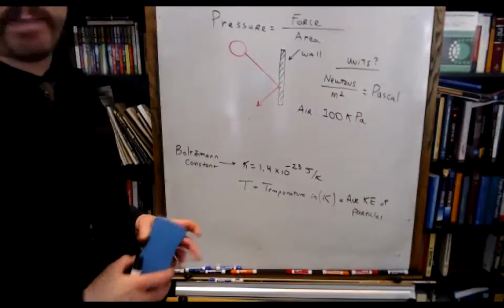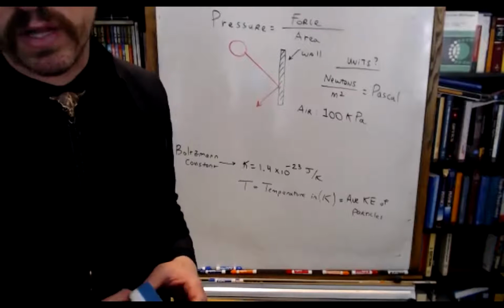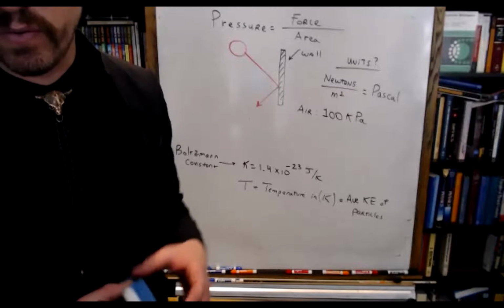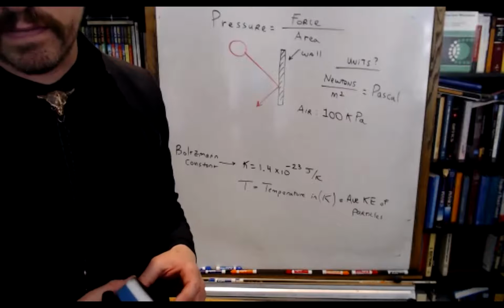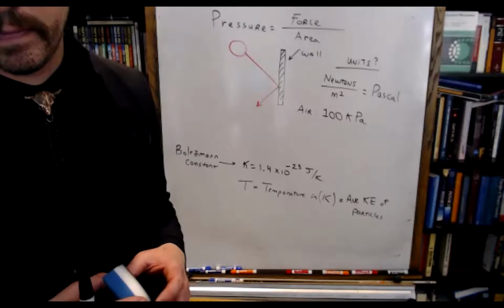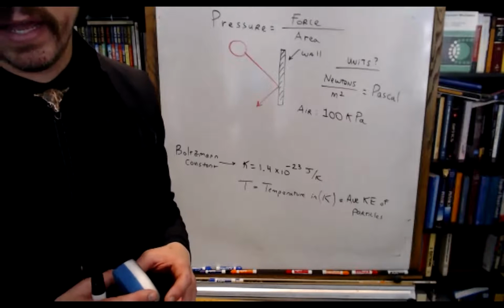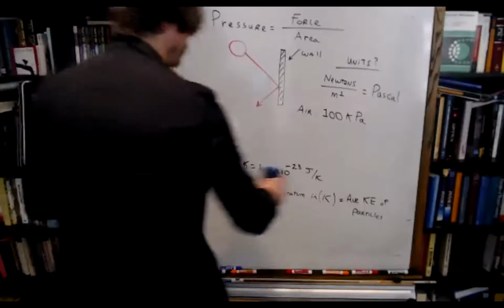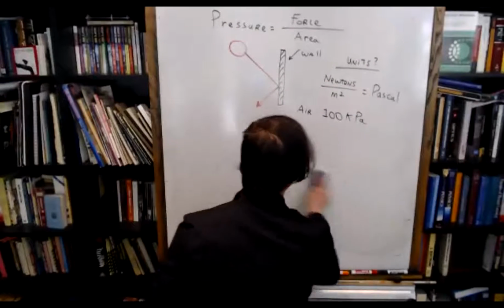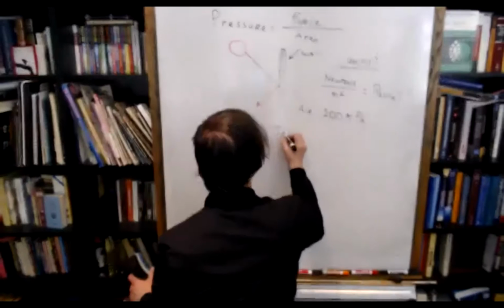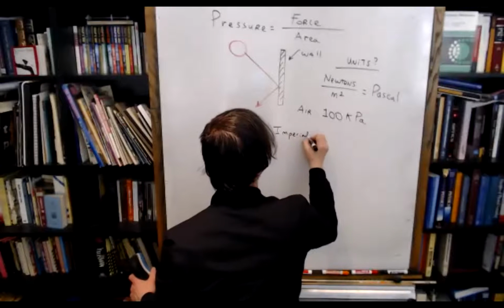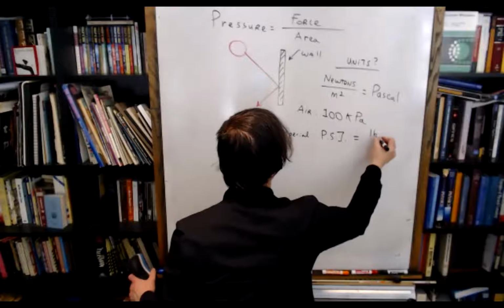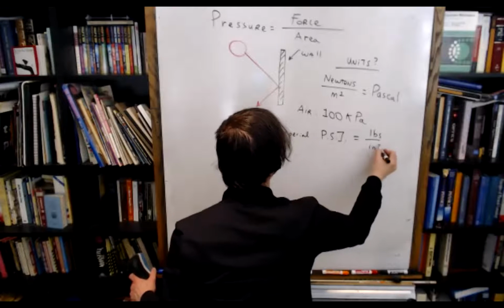Let's think of some other units of pressure. How about when you go to pump your tires up on your bicycle or at the gas station? What do you usually inflate your tires to? What units are you using in the imperial system? PSI. And do you remember what that stands for? Pounds per square inch. That's right. So in the imperial system, PSI is pounds per inches squared.